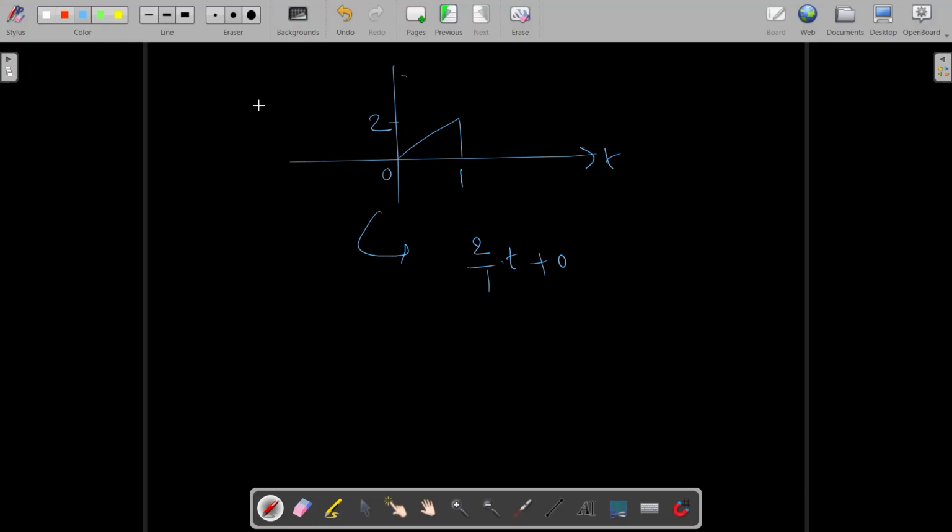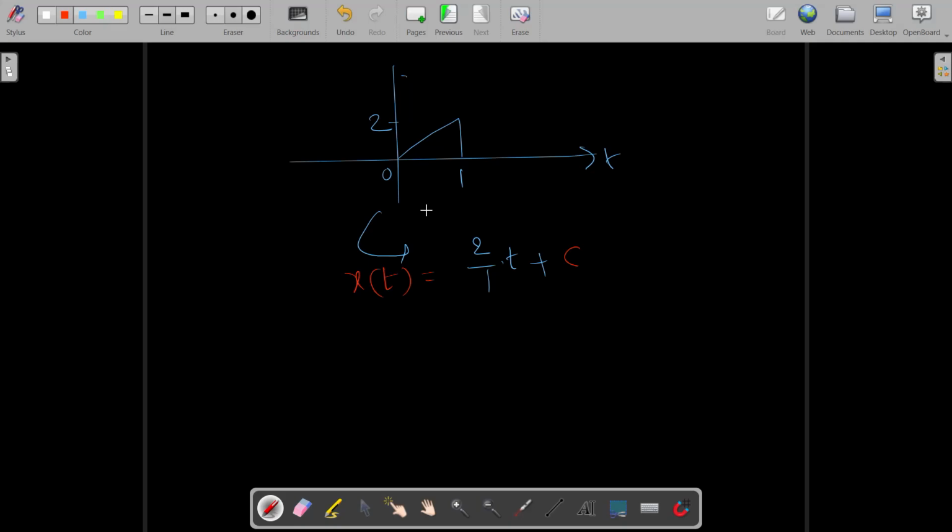Instead of putting 0, for understanding purposes, let us put it as c now. So what is this value? Let us say x of t is going to be 2t plus c. Now what is this c value? The c value should be 0, right?